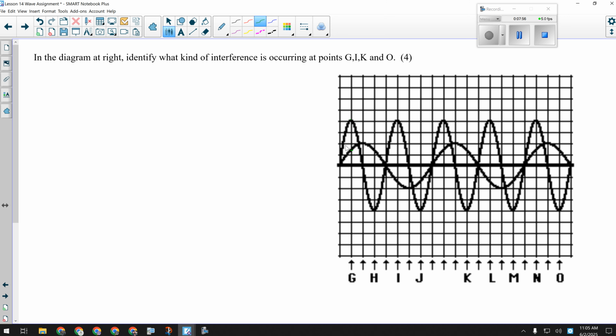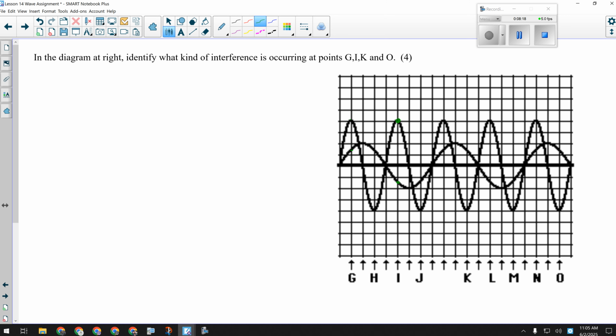When I add 1.5 to 4, I get 5.5. So this would be constructive. At I, I've got one that's negative and one that's positive. So is that going to be constructive or destructive? That's going to be destructive.